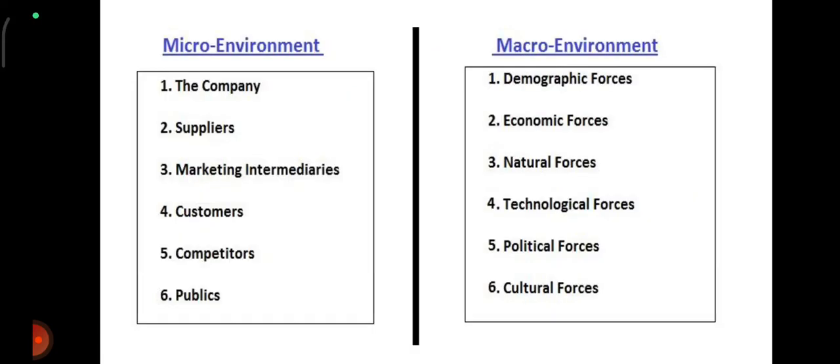If we study the micro environment, we find it covers the company, suppliers, marketing intermediaries, customers, competitors, and public. And in macro, demographic forces, economic forces, natural forces, technological forces, and political and cultural forces also come.